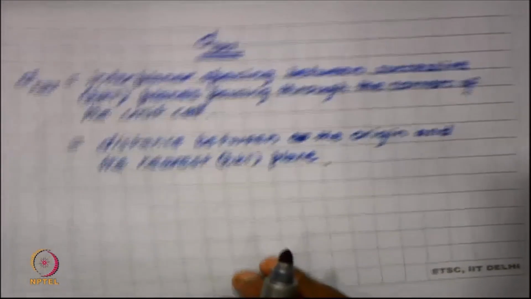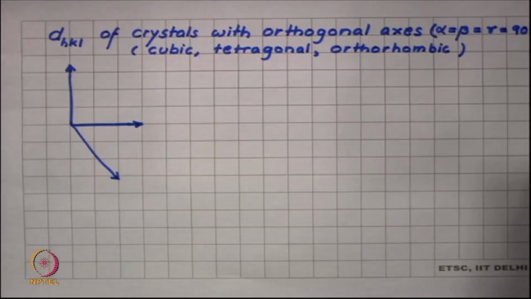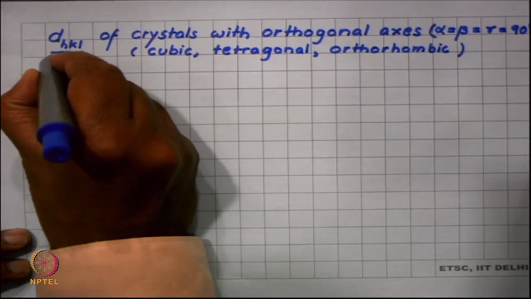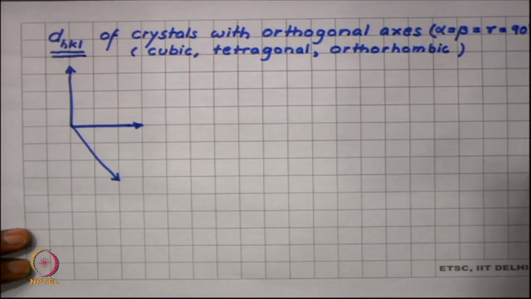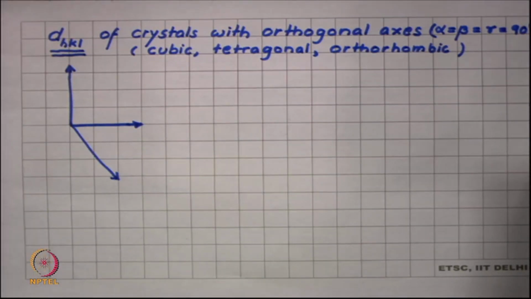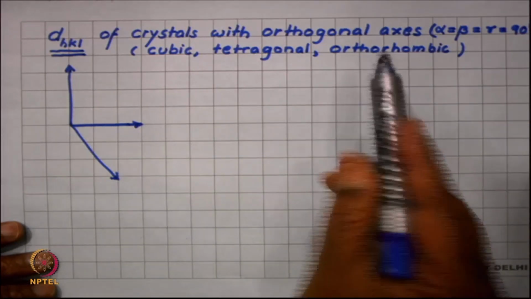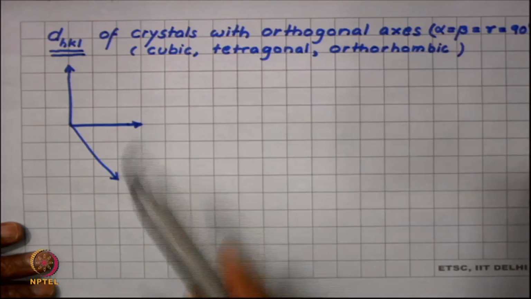So, let us first look at d_hkl. You can derive a formula for d_hkl, and in the books you will find it for various crystal systems, but the geometry becomes very complicated for crystals which do not have orthogonal axes.